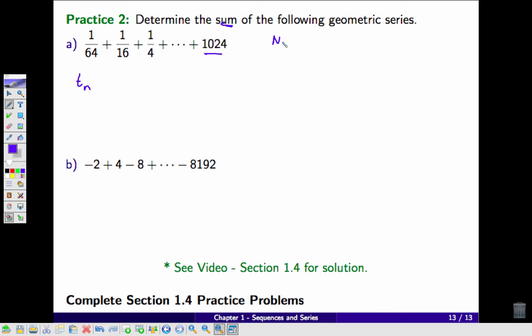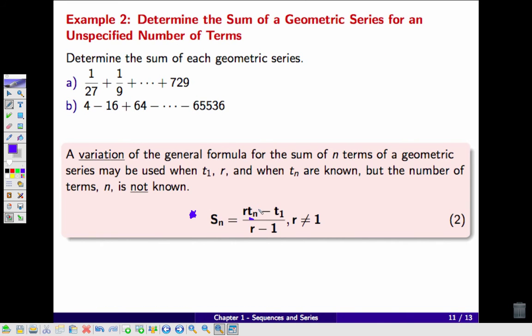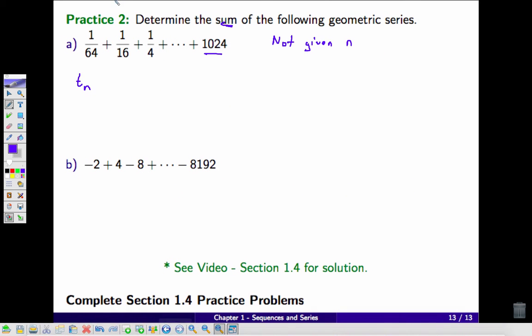So this time you're not given n. You don't know what n is. But that's okay, because this formula does not depend on n. You don't need to know it. All you need to know is the final term. So we're not going to even look for n. We know what T1 is.